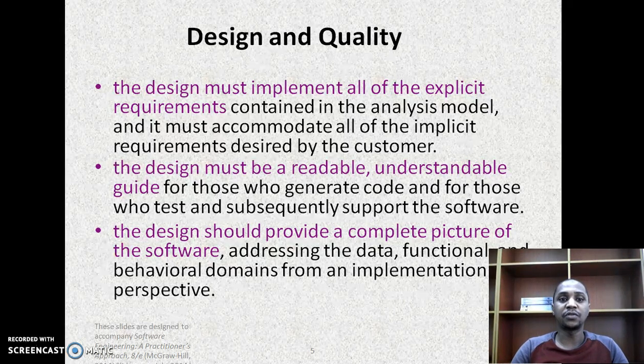It must also accommodate all of the implicit requirements desired by the customer. Another thing is the design must be a readable, understandable guide for those who generate code and for those who test and subsequently support the software. Design should also provide a complete picture of the software, addressing the data, functional, and behavioral domains from an implementation perspective.